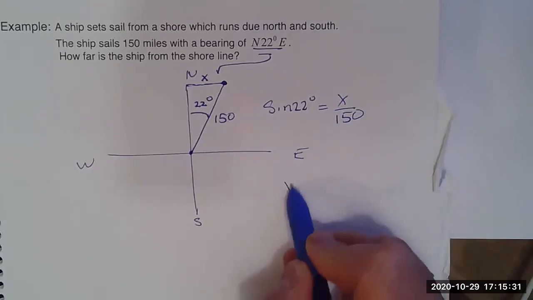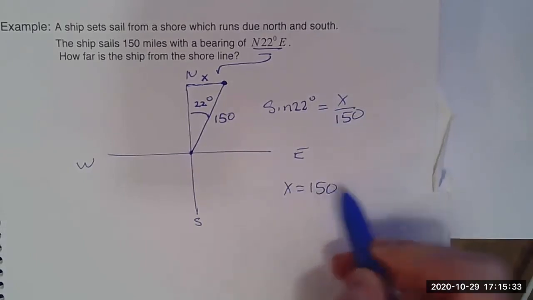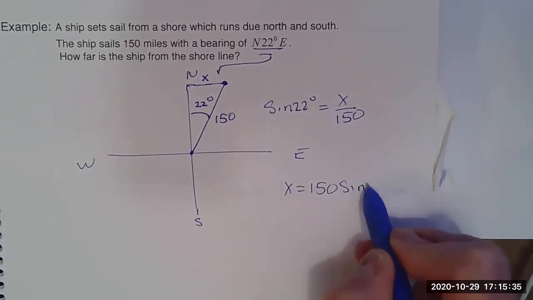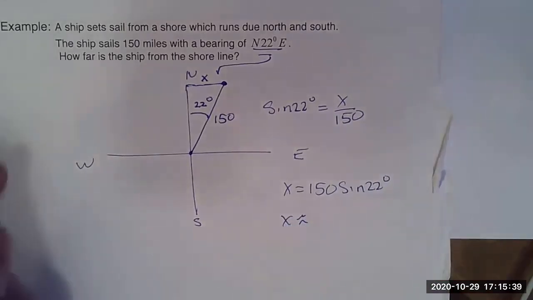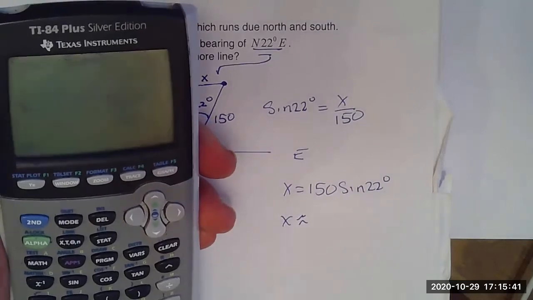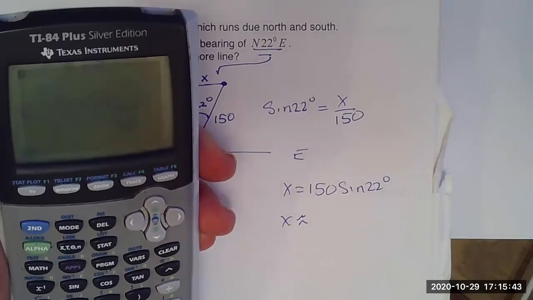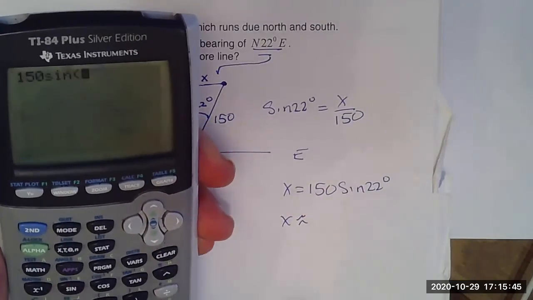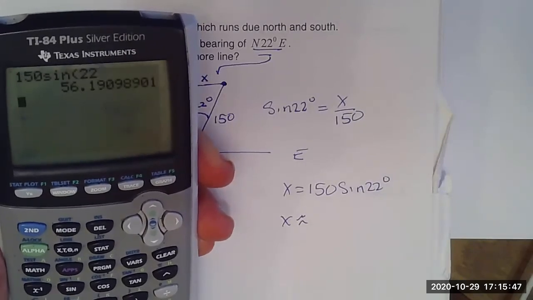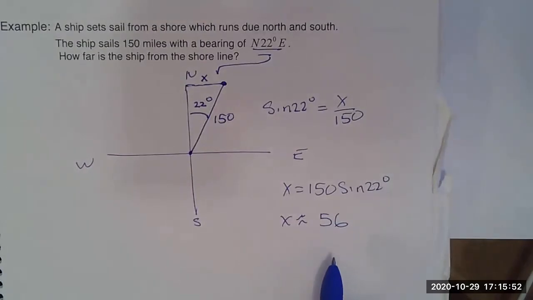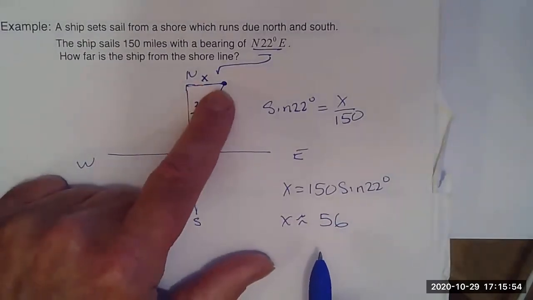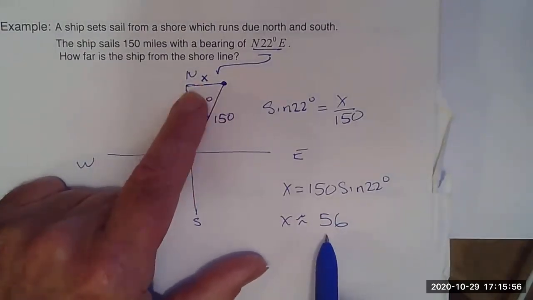And then X equals 150 sine of 22 degrees, which is approximately 56. The ship right there is about 56 miles from the shoreline.